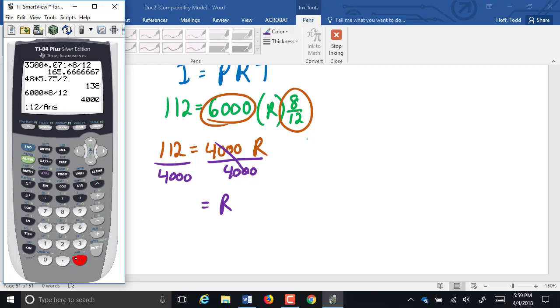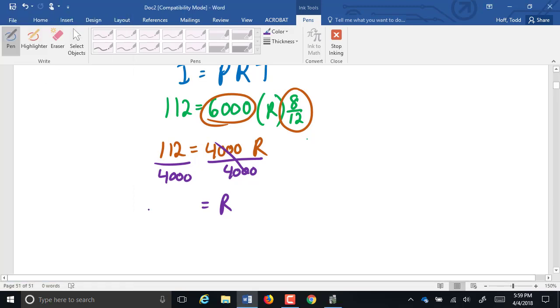What that's telling your calculator to do is divide by the previous answer. So that way, if that is an ugly decimal, it's going to use the exact number rather than any rounded number you may have written down. So we get 0.028, which is what as a percent? 2.8% is what we're going to earn on that one.